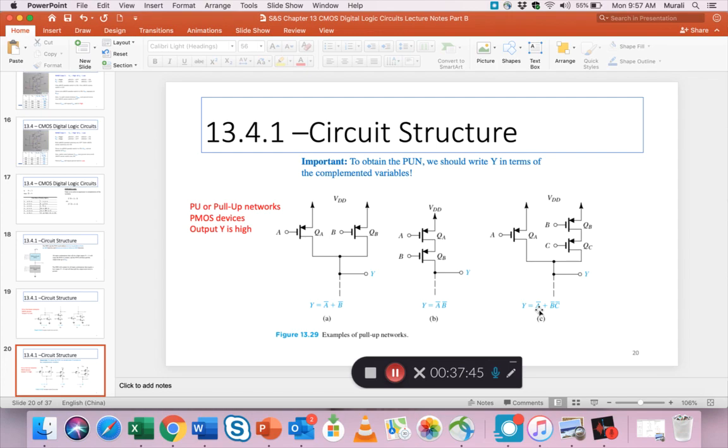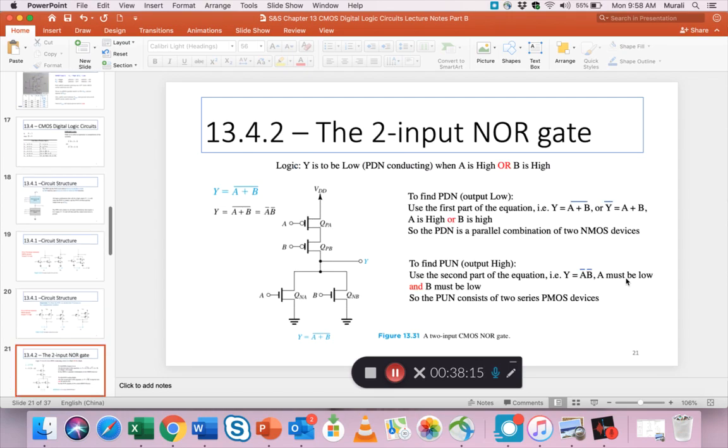And this is still valid, right? If you use De Morgan's laws, any logical function in certain variables, you can write in terms of the complement. And so the rule is, if you're trying to create the pull-up network, the top portion, you have to first write the same logic equation in terms of the complemented variables. Okay? So that's a rule.